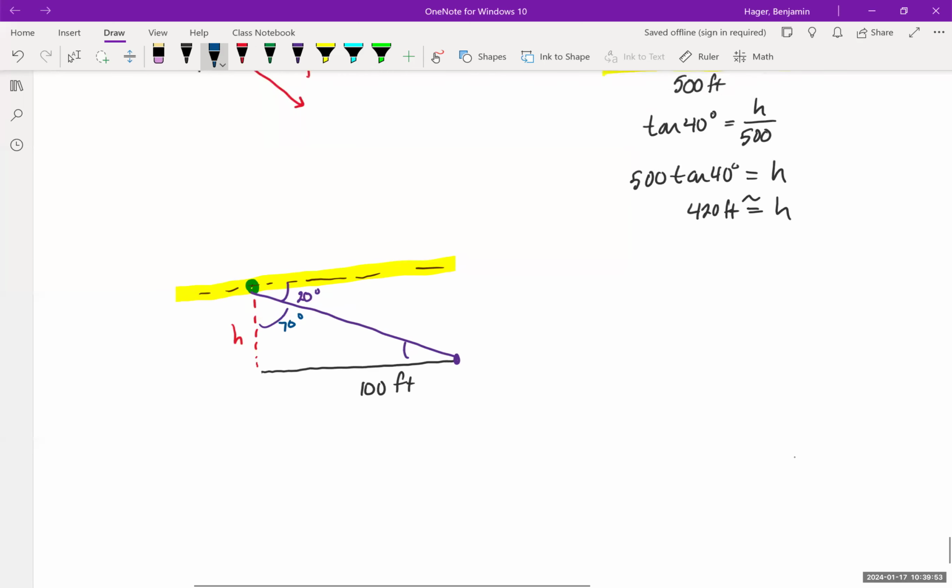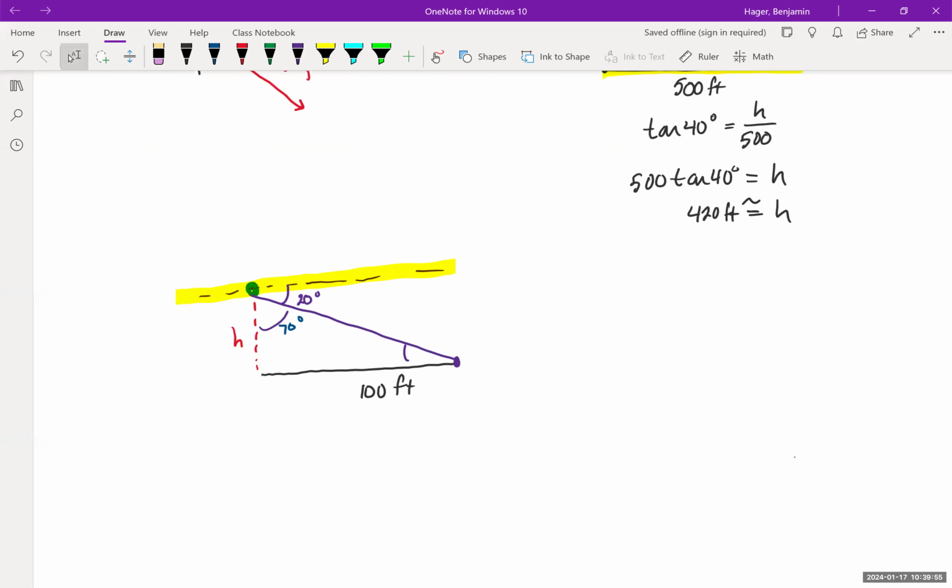There's many ways to do a trig problem or any math problem, but I'm just going to stand at that angle. Again, I'm looking at opposite and adjacent. So I could set that up with another tangent function. I could say tangent of 70 degrees would be the side opposite the angle, which is 100 feet, over the side adjacent the angle, which is h.